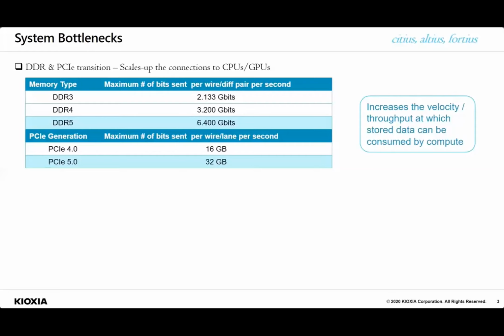What do all these changes or migration of the standards mean for data analysis and data storage? What both these standards do is increase the aggregate throughput of systems. DDR5, by increasing the aggregate bandwidth between the CPU and memory, and the PCIe 5.0 standard by doubling the bandwidth from CPU to storage devices.